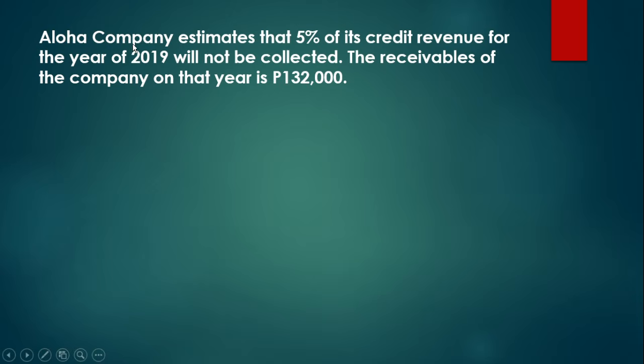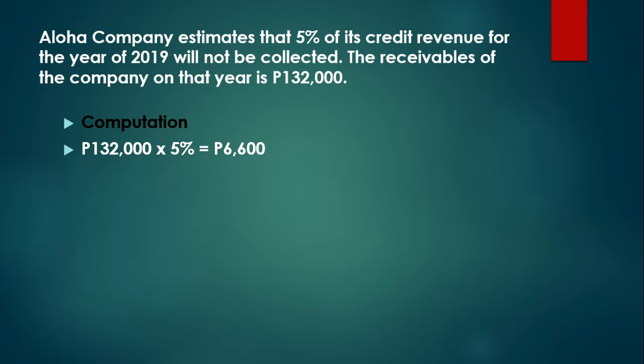So, si Aloha Company daw, may pautang siyang 132,000 noong 2019. Na-estimate nila, 5% doon, hindi na siya makokolekta. So, yun yung i-compute natin. Okay? 132,000 multiplied by 5%, that is 6,600.